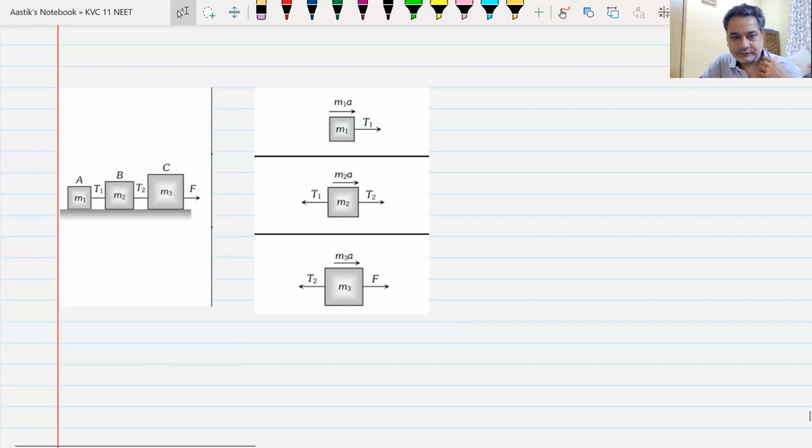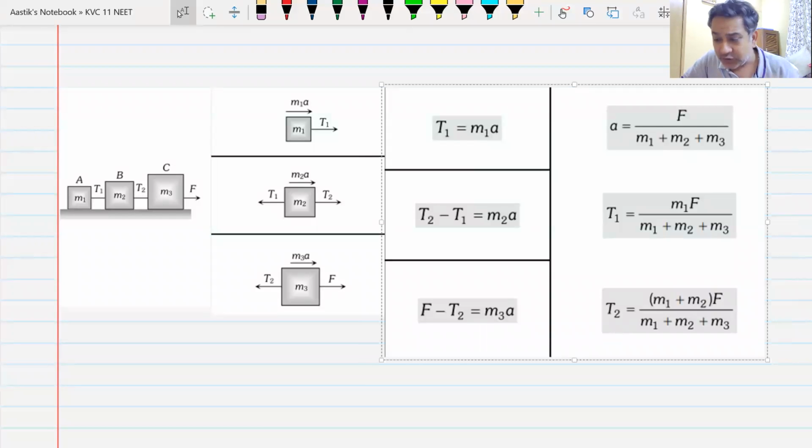M2 plus M3. T2 equals M1 plus M2 into F by M1 plus M2 plus M3. That is correct. I'll tell you one more way to remember this.